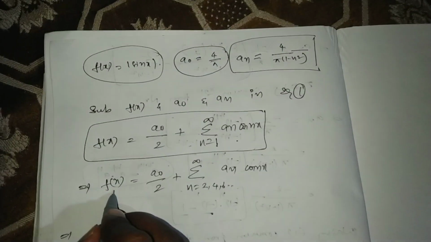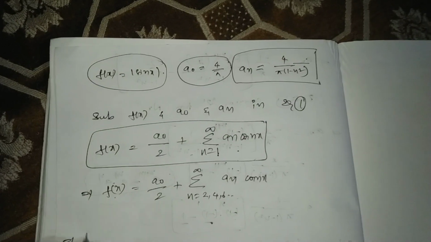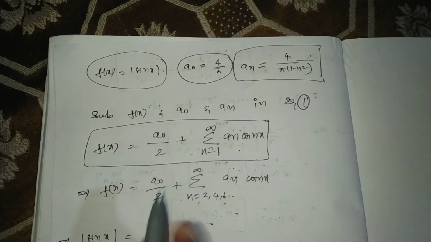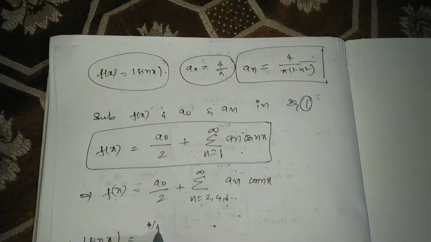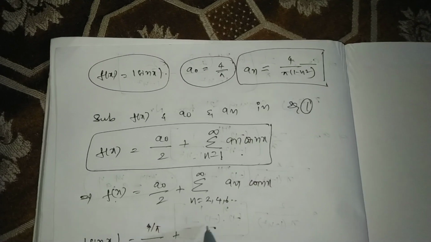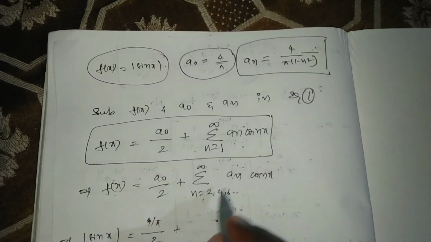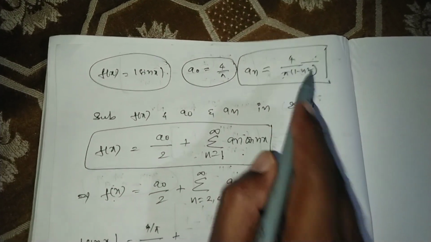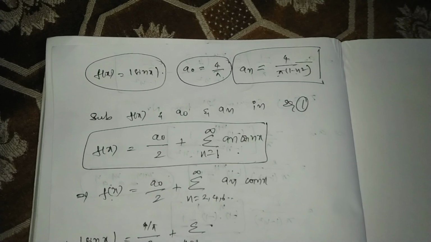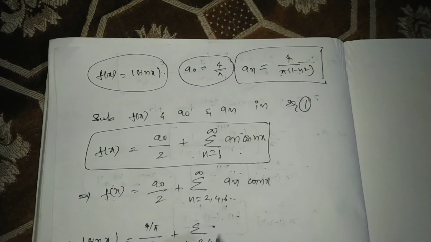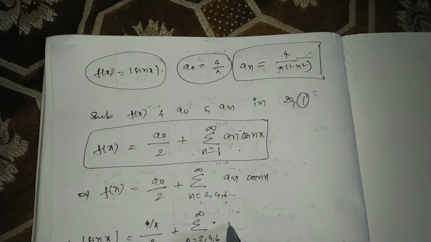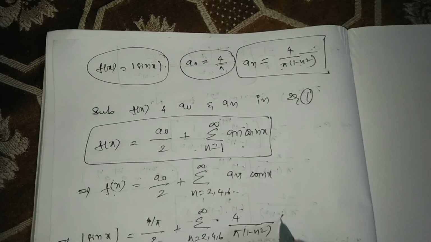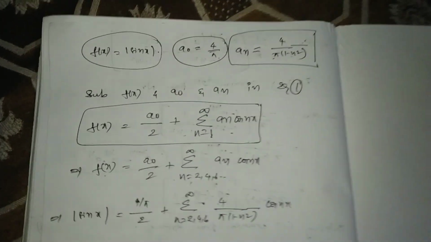That is equal to f of x value is mod sin x, which is equal to a naught, where a naught value is 4 by pi, whole by 2, plus here an value, meaning even values, is 4 by pi into 1 minus n square, summation n equal to 2, 4, 6 to infinity, into cos n x.